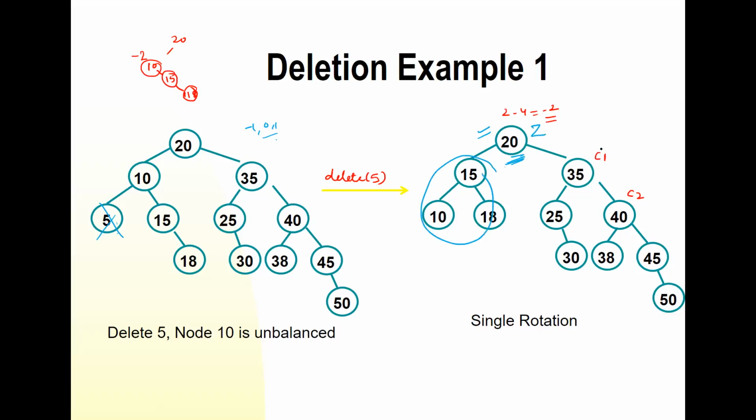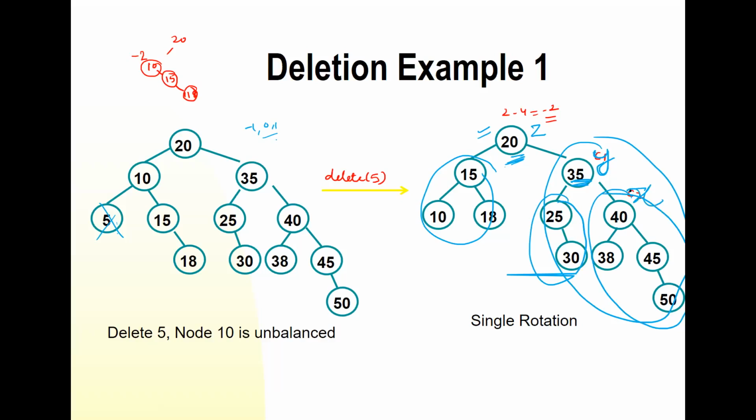If you scan the difference of these two, this 35 is the immediate node. That node is the y node, which is of greater height. Further moving out of these subtrees, the child with larger height, either 25 or 40, will become the node x. Now this is z, y, and x.